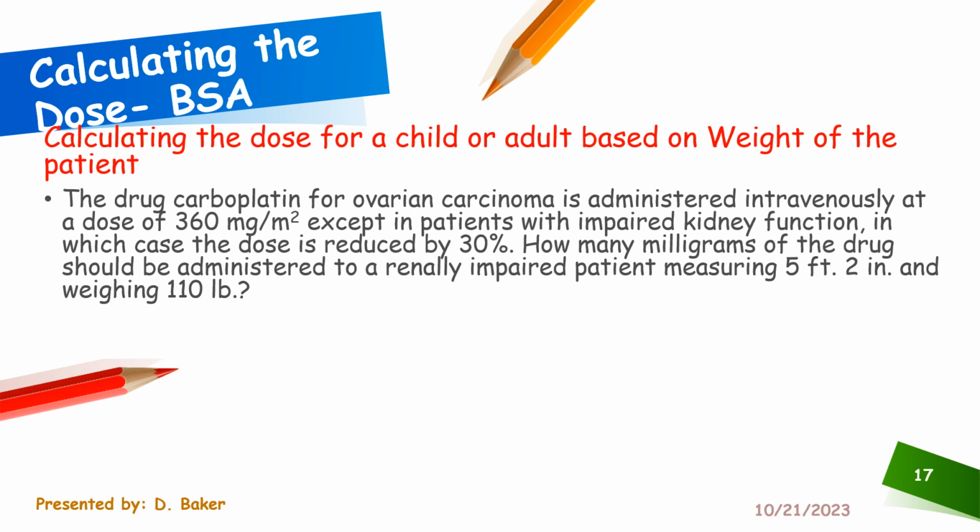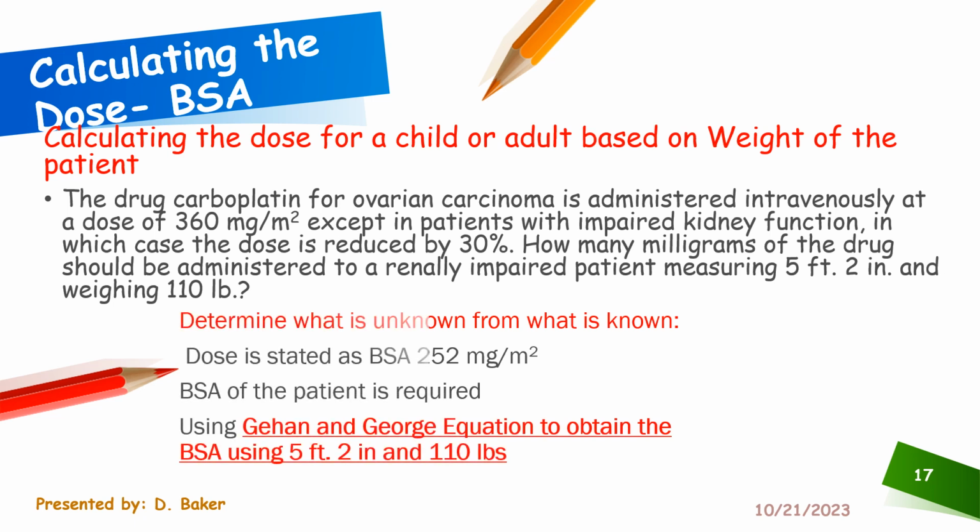So we have patient-specific parameters here. We have the height of the patient, we have the weight of the patient, and all of those are in metric. So we can simply use the Gehan and George equation to calculate the body surface area for the patient, and once we do that, we can go ahead and calculate the dose of the drug that we're going to be giving.